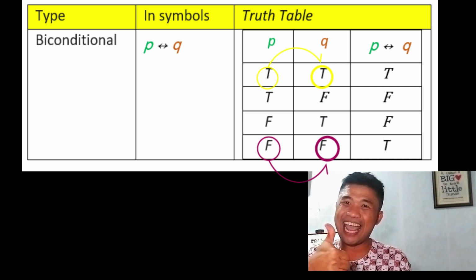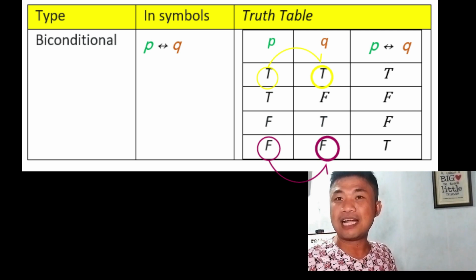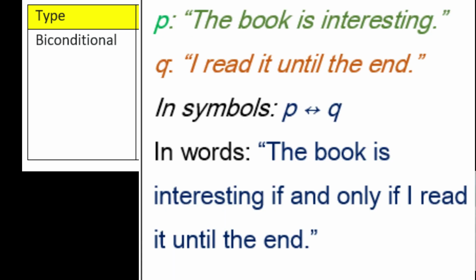Understood? Propositions and logic, we will try to analyze this one. The book is interesting. Let P and Q be propositions. The book is interesting, that is the P proposition. Next, the Q: I read it until the end. We now have two simple propositions.